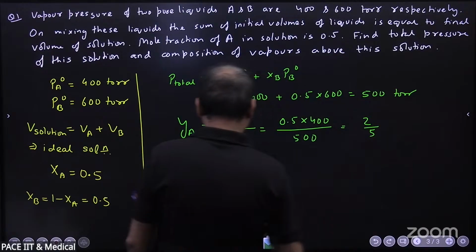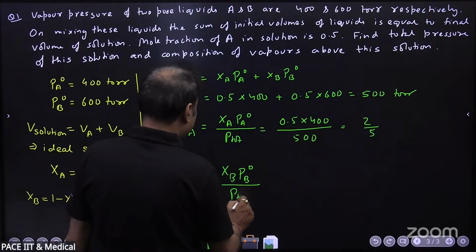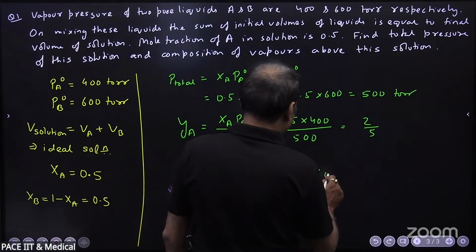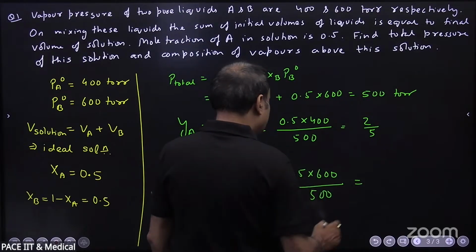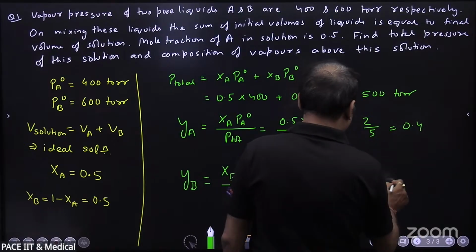So that will be 2 by 5. XB PB naught by P total. 0.5 into 600 by 500. That is 3 by 5. 0.4, 0.6.